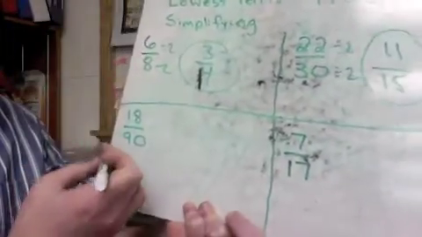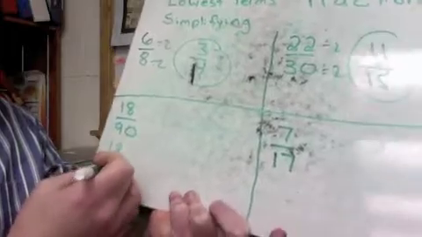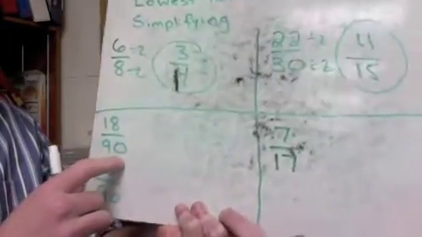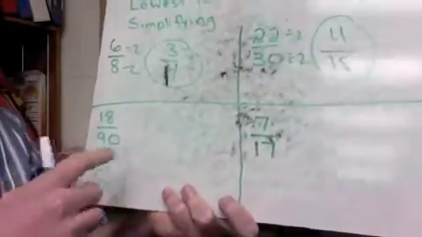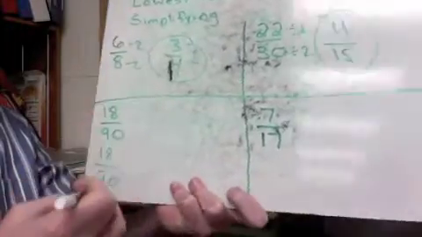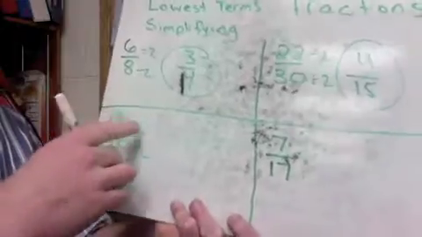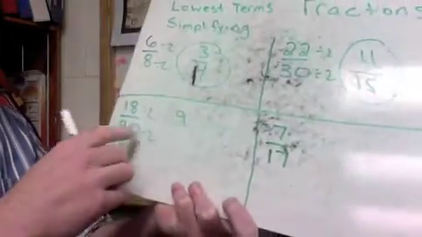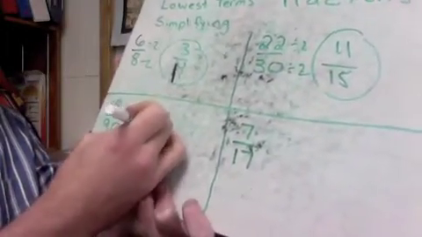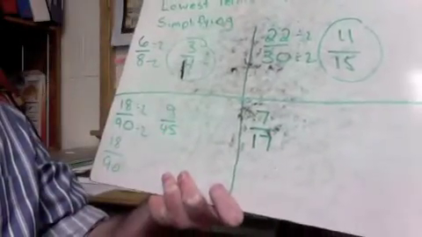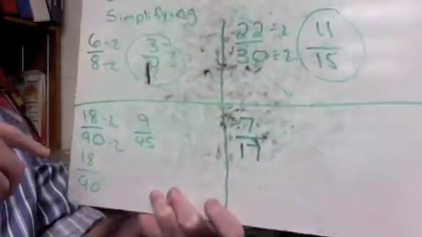Over here, I think there's probably a couple ways we could do this. The long way would be to just keep cutting it in half because they're both even. Well, we could do that for a little bit here. So if I divide by 2, 18 divided by 2 is 9, 90 divided by 2 is 45. 3, I think, goes into both of these.